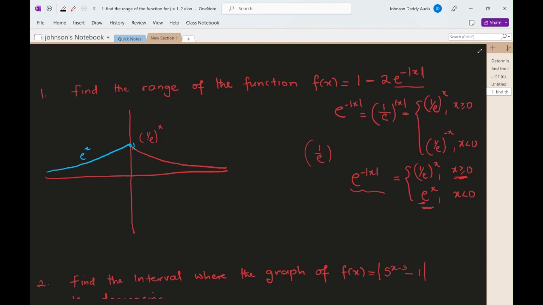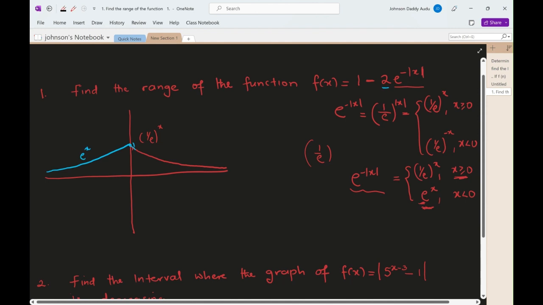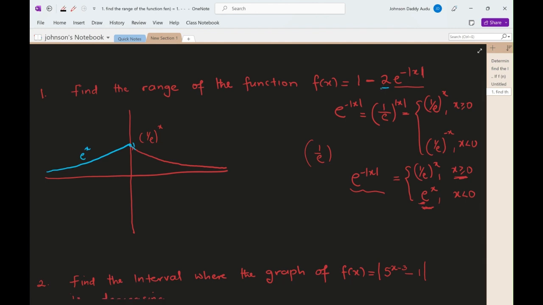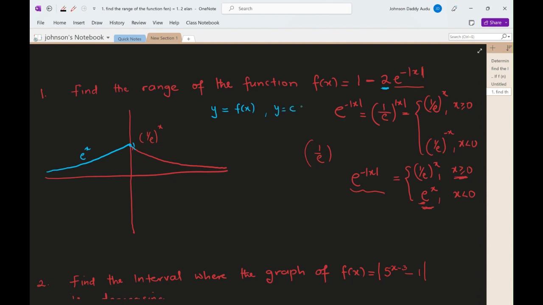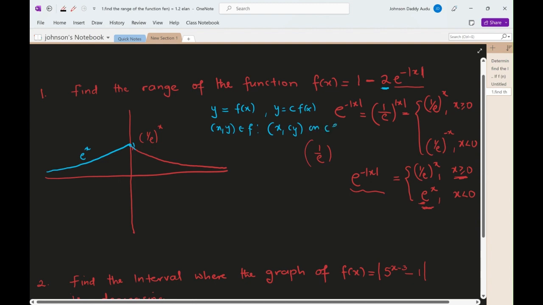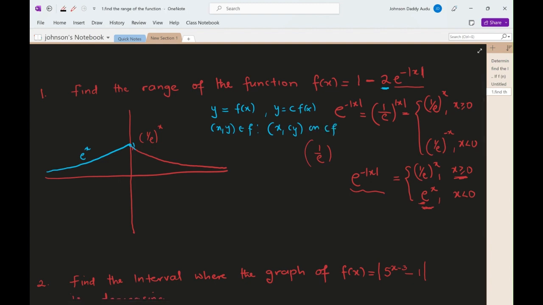Now, something else. If you look at the graph we're looking at, you see there is a 2 in front of the function. So it means we have what we call a vertical stretching. If you remember something in 001, we said if y equals f of x, and you also have y equals c f of x, so if you have the point x, y on the graph of f, then you're going to have the point x, cy on the graph of c f of x.